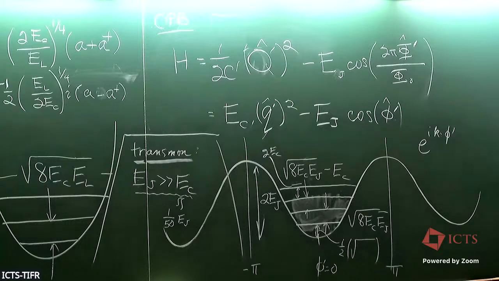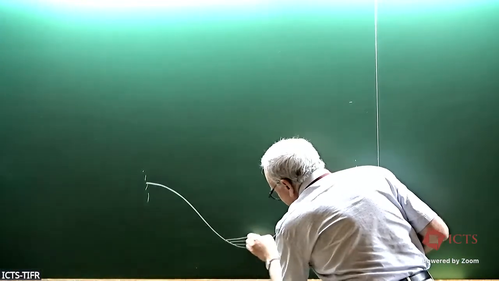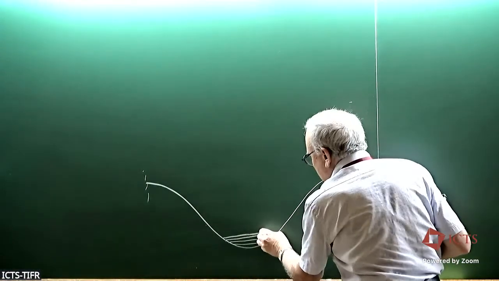So more globally, let me sketch this down here. Here's this characteristic of the transmon potential. You get initially this almost harmonic set of energy levels, and they start squeezing together.